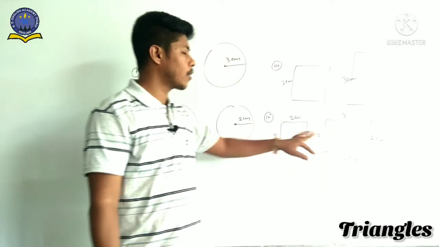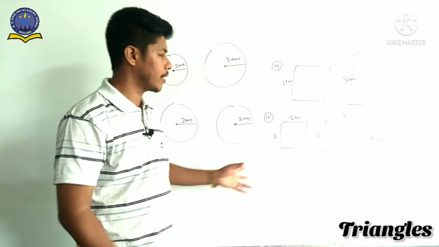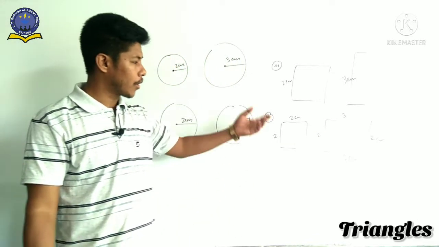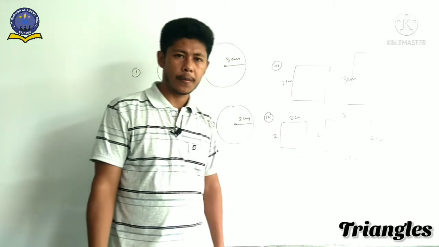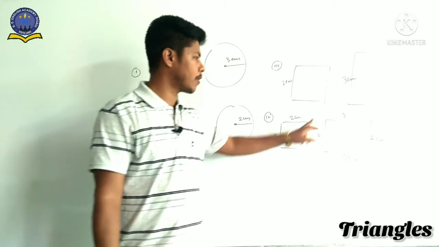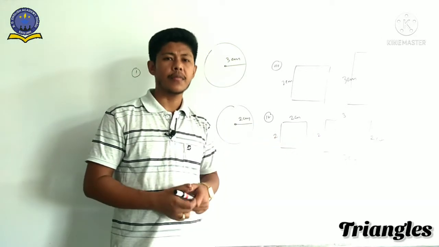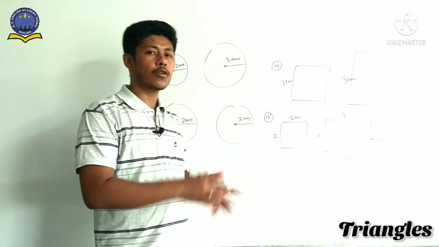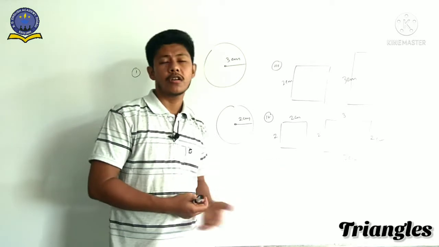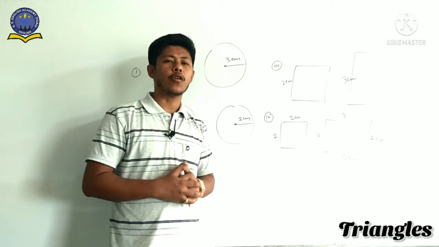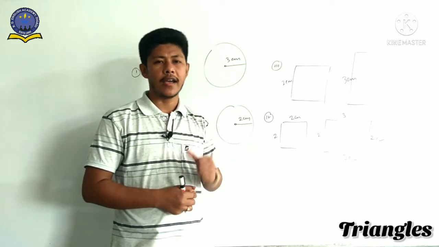So we can't say anything about these two, whether they are similar or congruent, because their shapes are not the same. This one is a square, this one is a rectangle. So that's why these two are neither congruent nor similar. Is it clear? All of you understood? So this is the concept of similar and congruent.